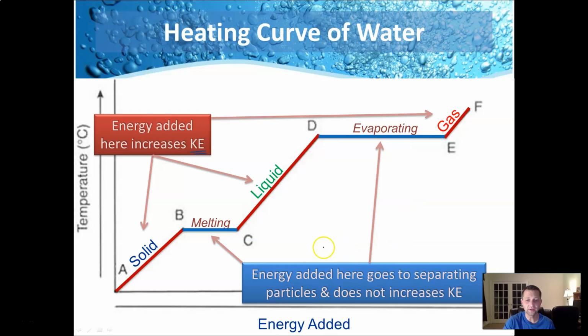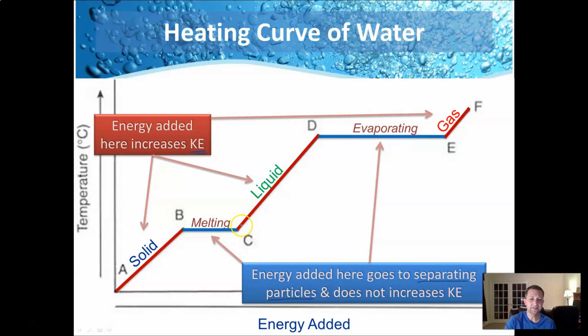That's important. Energy is added, like the stove is still on if you're heating this up. Same thing over here. Energy is being added, and that goes into actually separating particles and does not increase the kinetic energy. Once you hit that melting point, all the energy being supplied is breaking the attraction between the particles of that substance. So your solid particles are moving further apart, the attraction is being broken and it's turning into a liquid.